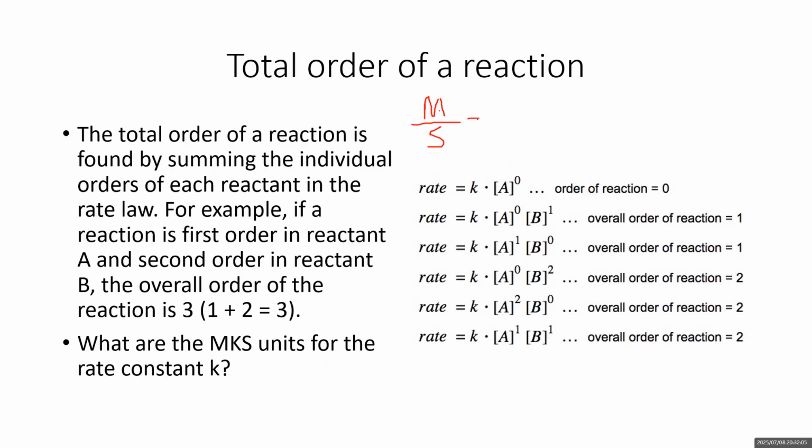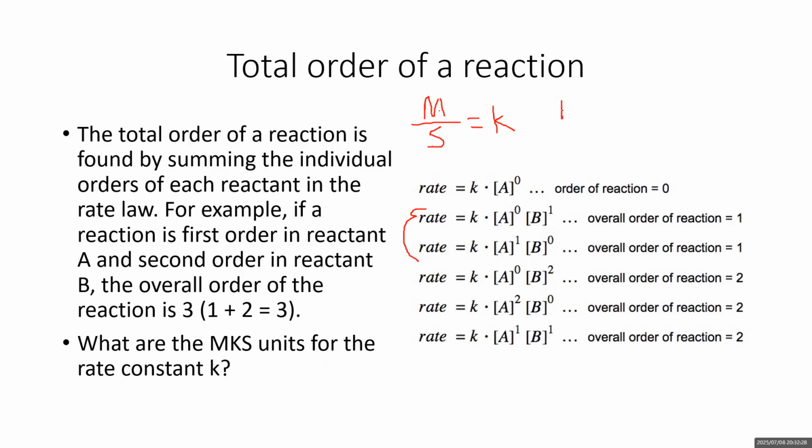If the reaction is order 0, anything to the 0 power is 1, so K is just this. So K, for a 0th order reaction, is in molar per second. For a first order reaction, we raise a concentration to the first power.